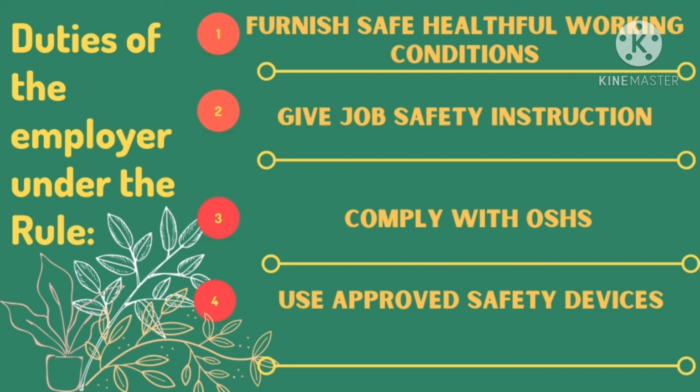Second, give job safety instruction. Third, comply with OSHS. And fourth, use approved safety devices. The duties of workers are to cooperate with management, report unsafe conditions, and use all safe devices.